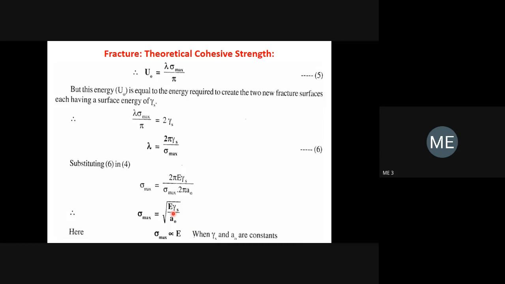If you consider aluminum, the Young's modulus of aluminum is less. Hence, a small amount of energy is required to break the bonding between the two atoms to get the fractured surfaces. Once you understand this, the Griffith theory of fracture for brittle material is very, very simple. Finally, we require some amount of energy to break the atomic bonding to form new surfaces.